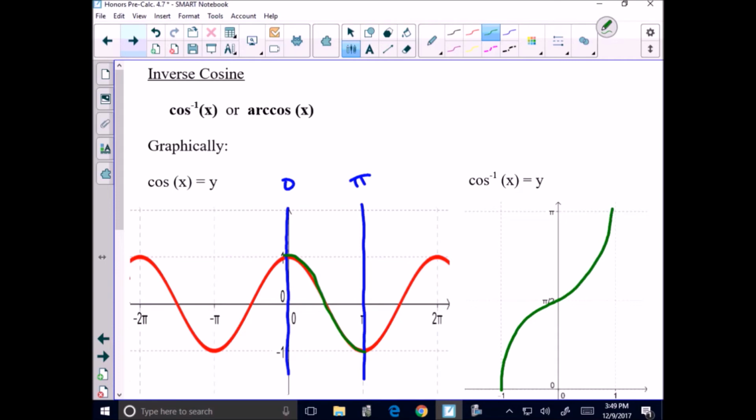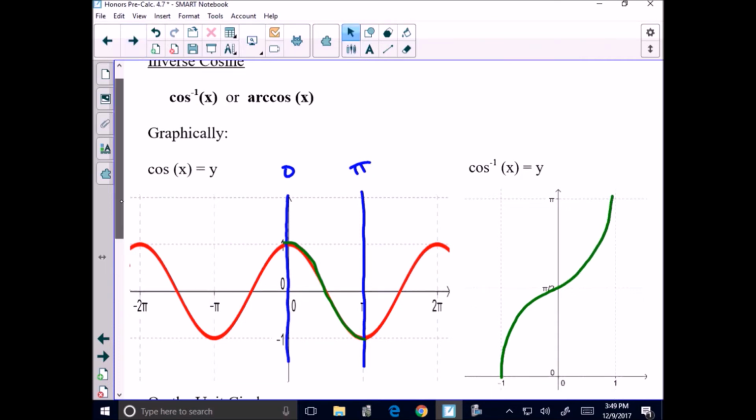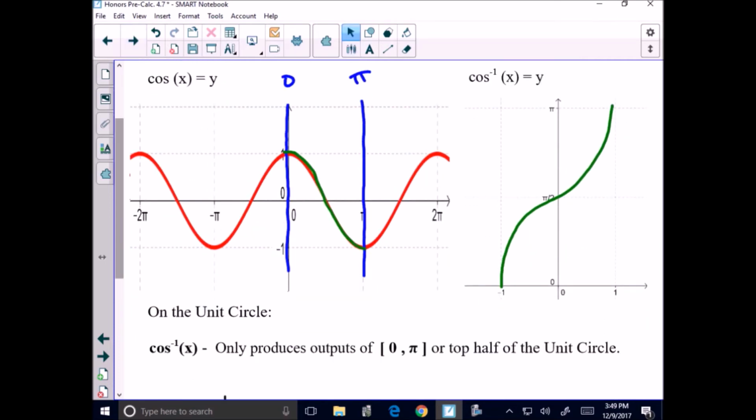Now, when we do that, we get a graph that looks something like this. And again, as a graph, it doesn't really help us, but we can go ahead and visually identify the domain and the range pretty quickly. And what we would say is that we are going to be evaluating x values from -1 to +1, right?